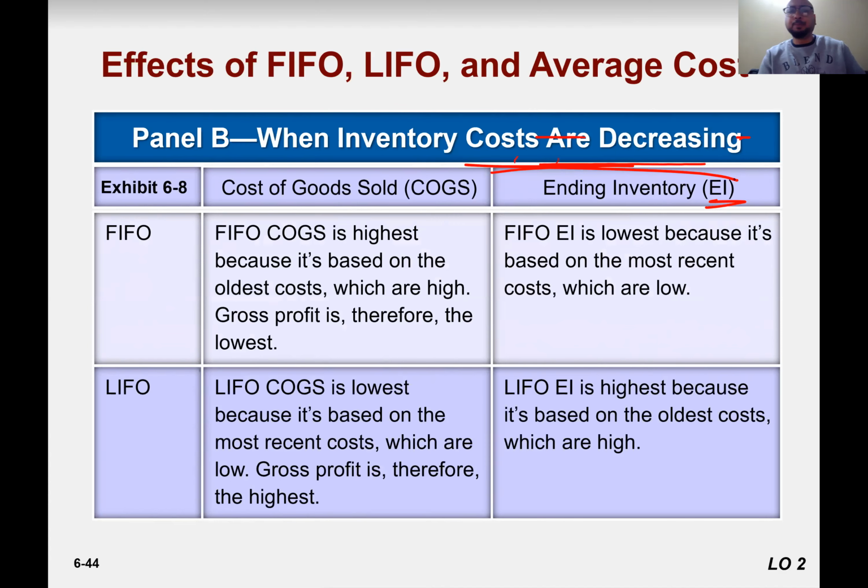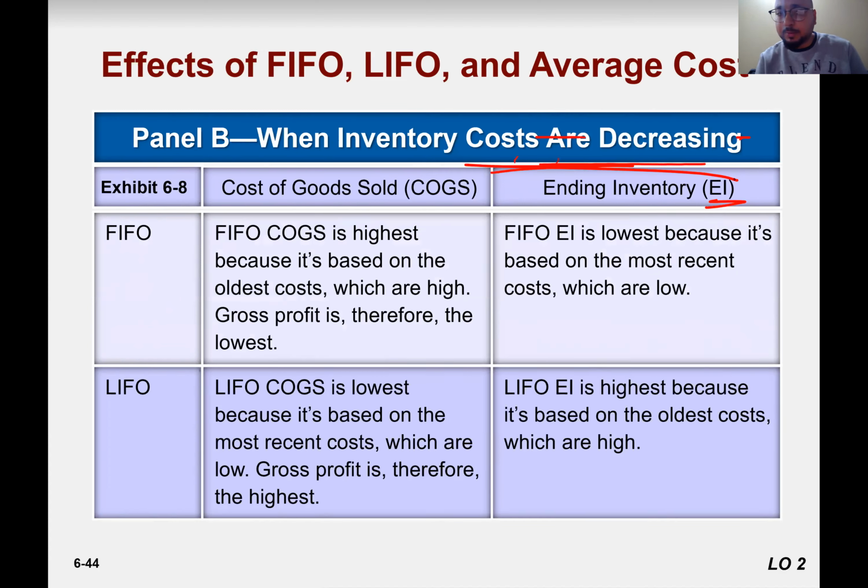So you can say that when there is an inflationary period, with prices rising, FIFO cost of goods sold is lowest, and when there is a decreasing or deflationary period, FIFO cost of goods sold is going to be highest.